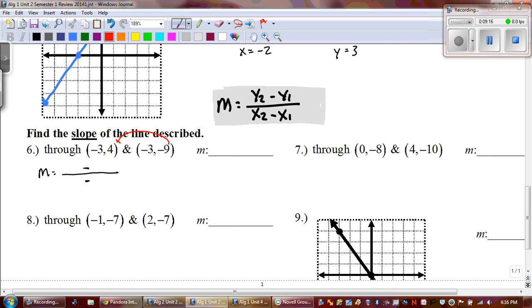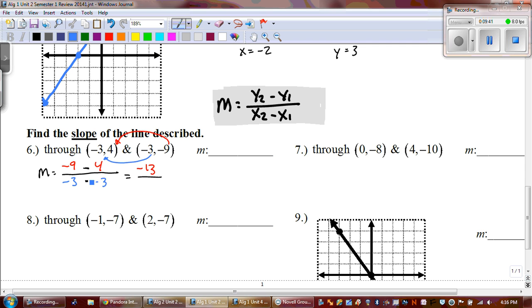Y's are on the top. So we start with -9 and 4. X is on the bottom, -3 and -3. Okay? So -9 minus 4, well, that turns into -13.